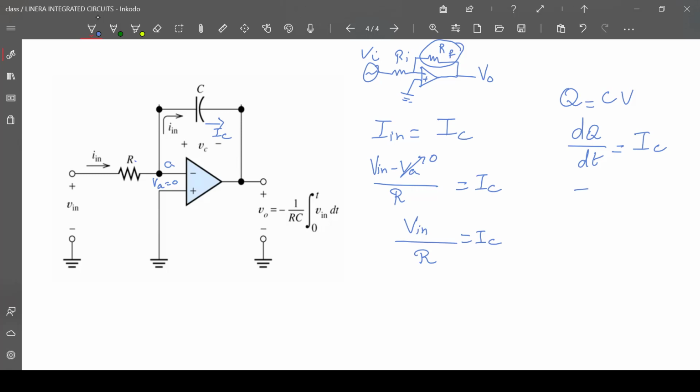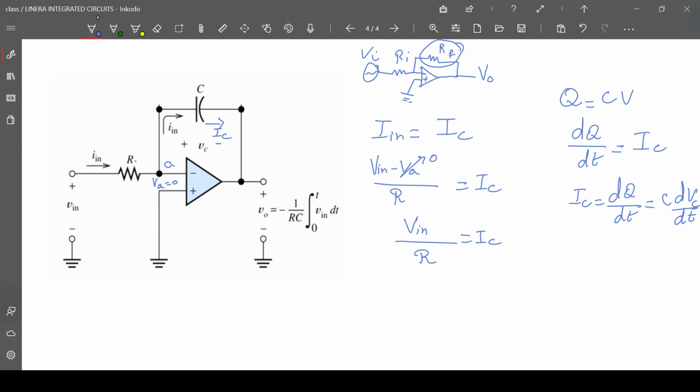So IC can be represented as IC is equal to dQ by dt is equal to C into dV by dt. This is the voltage across the capacitor, so we can represent it as VC, where VC is nothing but the capacitor voltage. So IC is equal to C into dVC by dt.